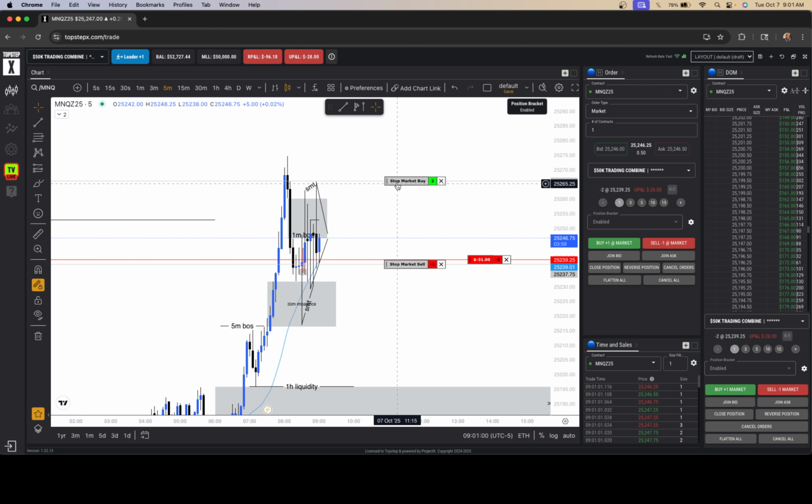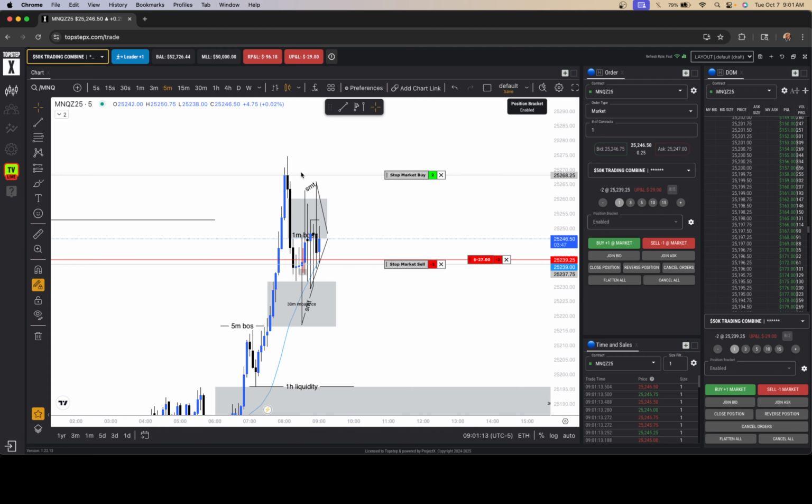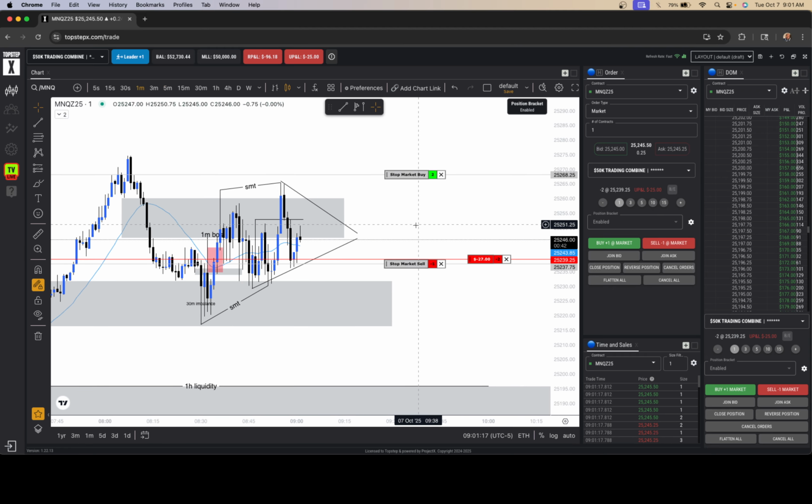I'm going to put the stop loss right here. But it should be okay. If this is a good setup, the stop loss should be perfectly fine where it's at.